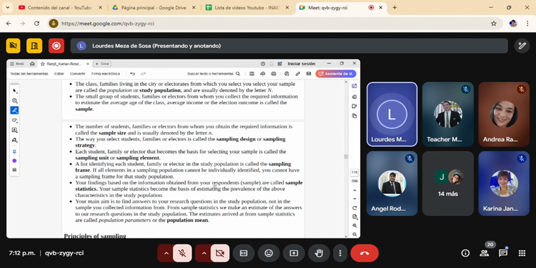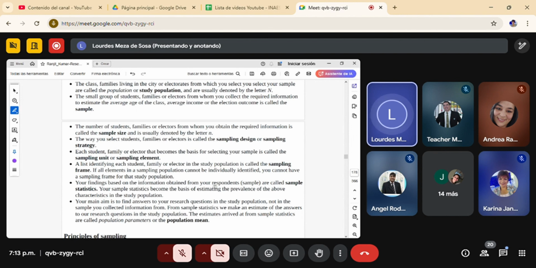Your main aim is to find answers to your research questions in the study population, not in the sample you collected information from. From sample statistics, you make an estimate of the answers to your research question in the study population, right? The estimates arrived at from sample statistics are called population parameters or the population mean. We do not use the whole population when we cannot access it.